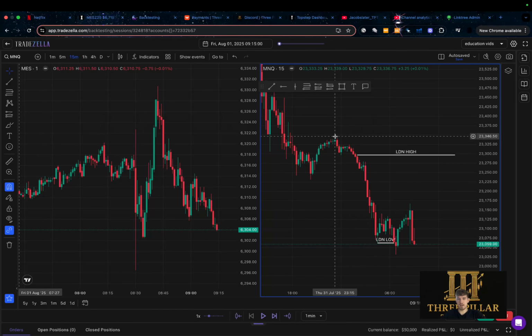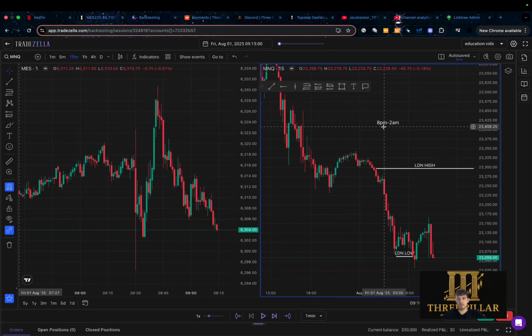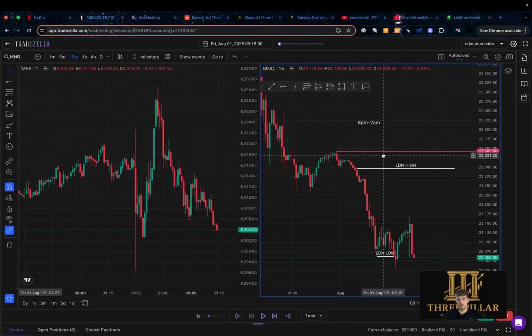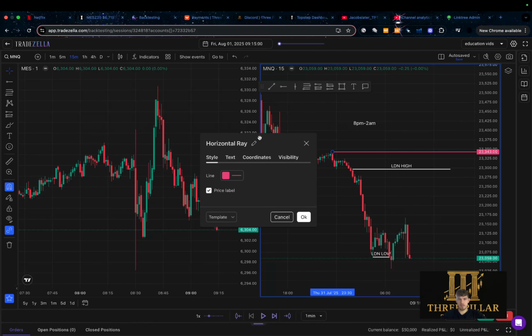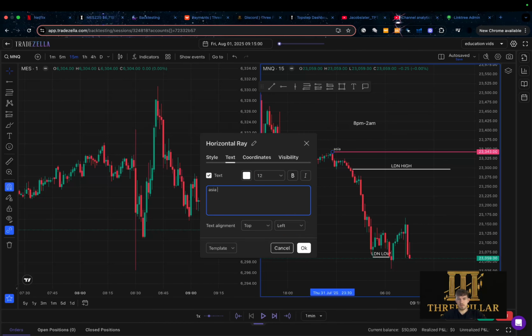Now Asia high and Asia low run between 8 PM and 2 AM. That's the Asia session. So we want to be looking from 8 to 2 o'clock. That would be our Asia high there.